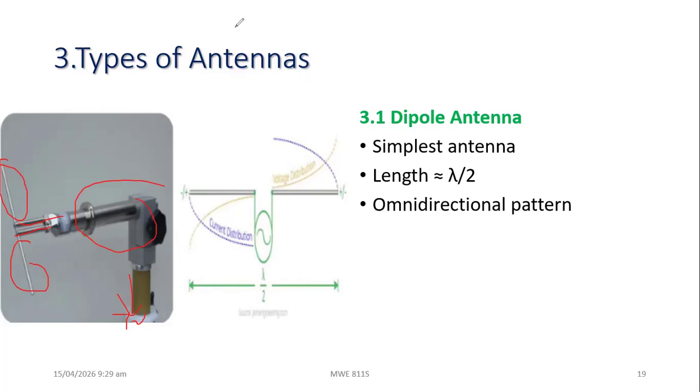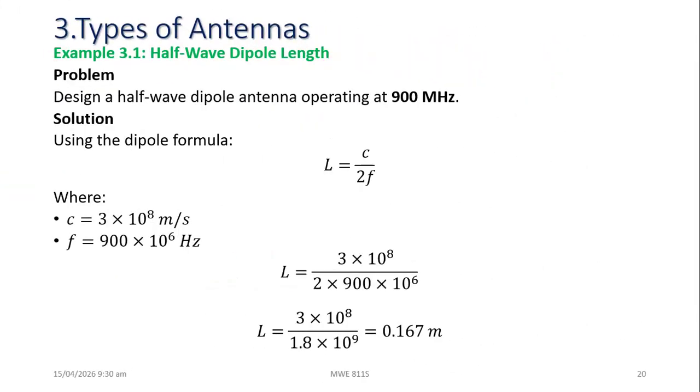As we look at dipole antennas, I want us to look at a small calculation of how you can design a half-wave dipole antenna operating at 900 megahertz. The first thing we need to find is the length.